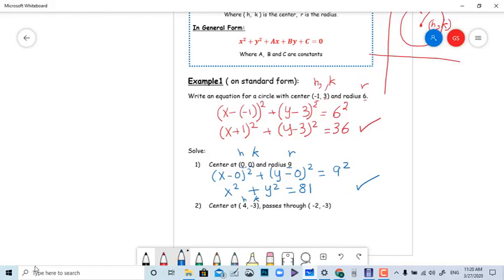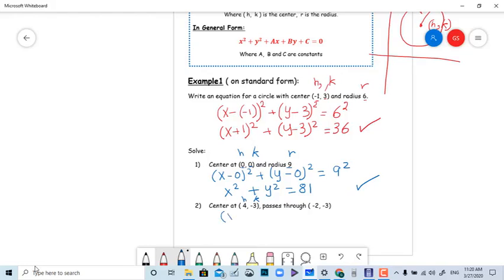And it passes through the point (-2, -3). We can substitute this point into the main equation, which we're going to write now, to find r. What are we going to do? First, we're going to write the equation.